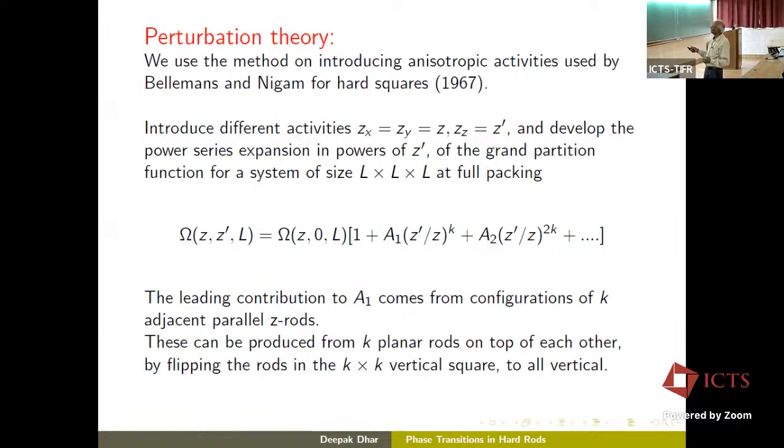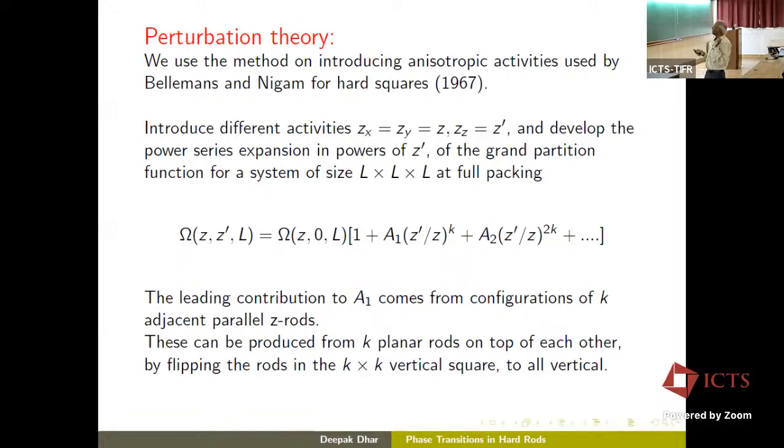There will be a term which is independent of z prime, then some power, other powers. The lowest power which will show up will be kth power, because in each layer you cannot just create one hole. You have to remove a whole rod, you will create k holes. And so the lowest term will be z prime by z to the power k, and the next term will be z prime by z to the power 2k, and so on.